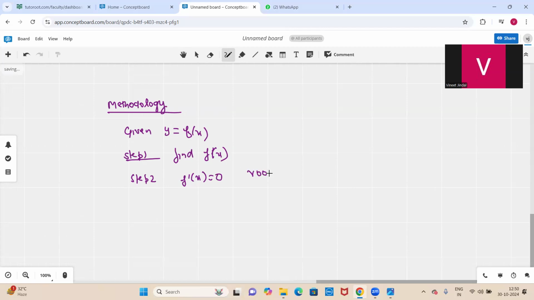Suppose the roots after equating to 0 are a, b, c. Step three, construct a table to perform the first derivative test.